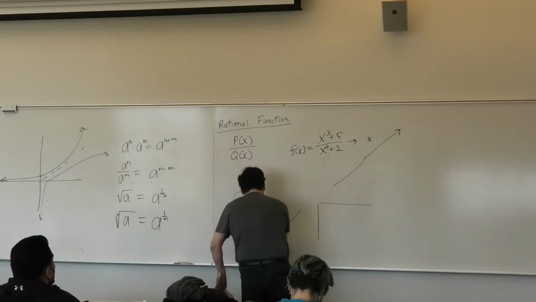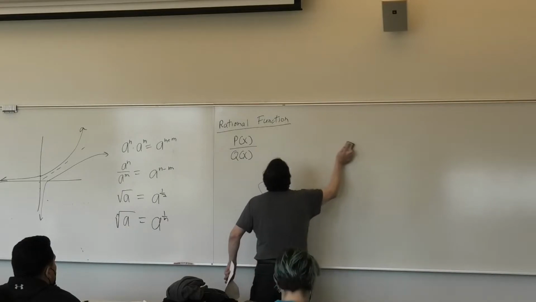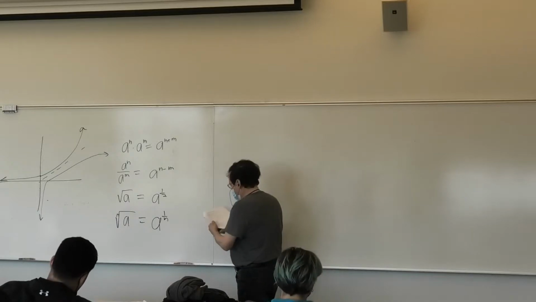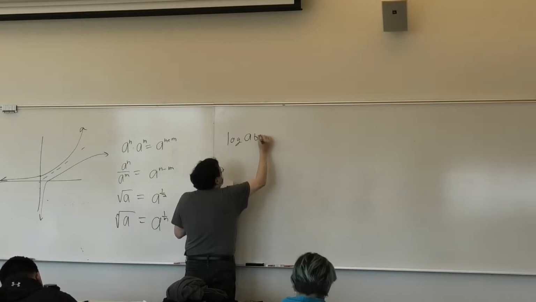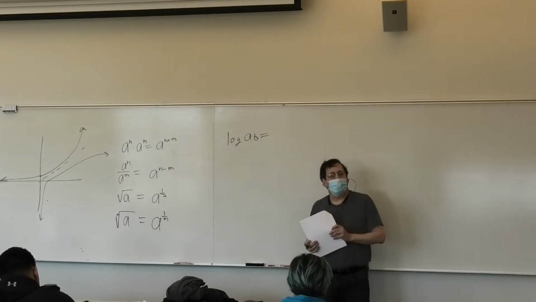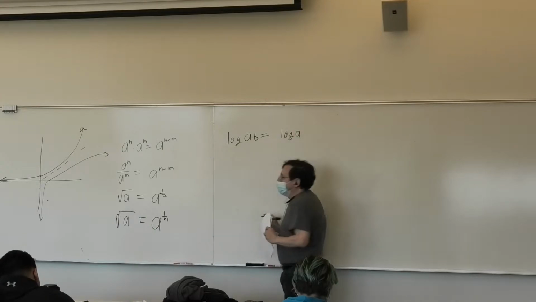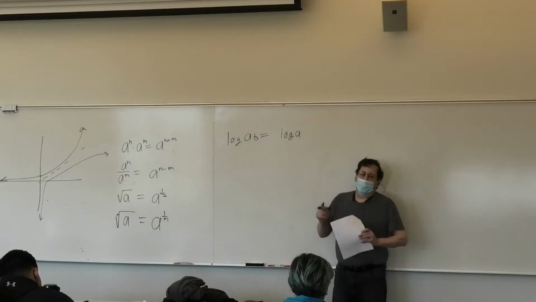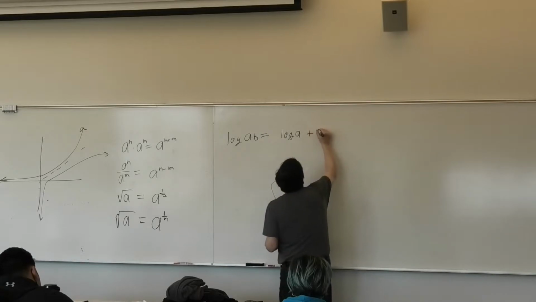Now logs, in a very fundamental way, since it's an inverse, are just the opposite. If I have the log of a times b, anyone remember how I'm going to divide that up? It's going to be the log of a, and then what? Over log? Good guess. Wrong. Plus the log of b.